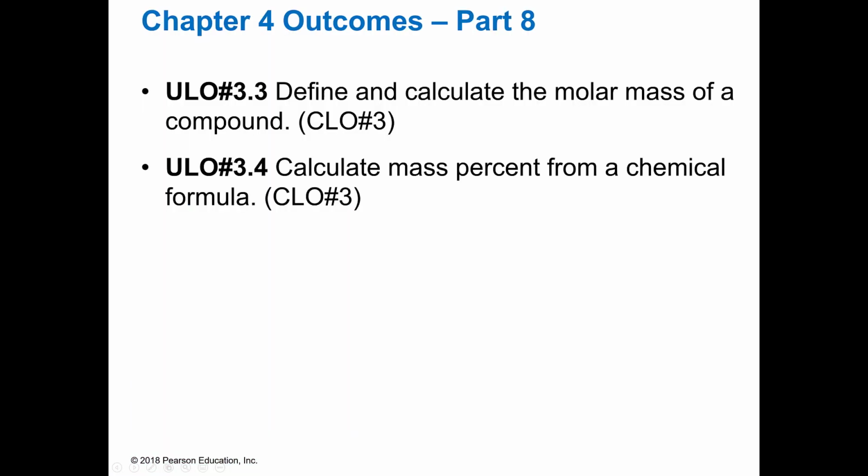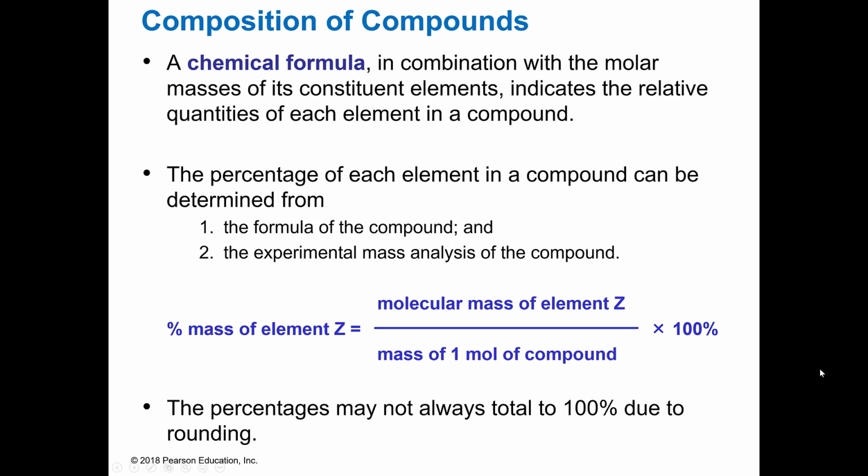This is Dr. Kofelt. In this section, we're going to calculate molar mass in order to calculate mass percent from a chemical formula. So the chemical formula is what we use to figure out the molar mass.